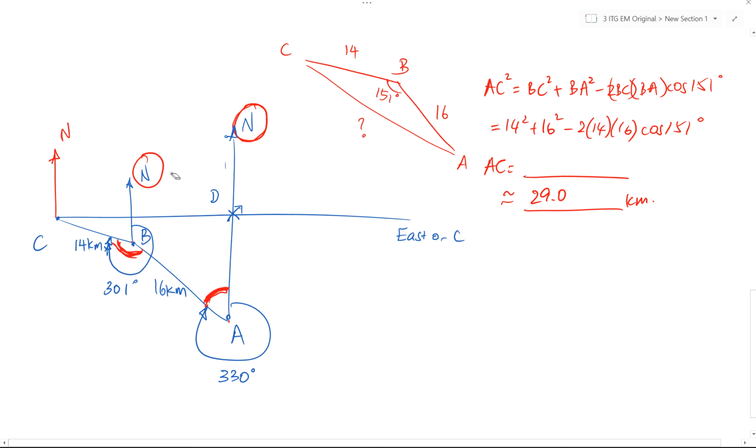So far what we have done is a lot of basic only. Yes? Can you use sine rule or not? You can find BAC. How do you find BAC? 330 minus 270. Then you get this part what? You don't get this.